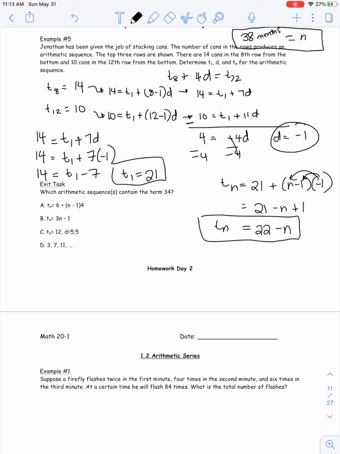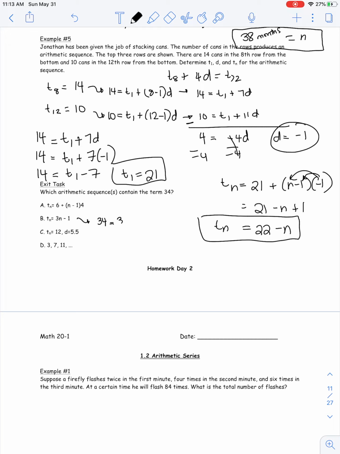So in this exit task, they're asking which arithmetic sequences contain the term 34. So what you would do is replace tn with 34 and solve for the n that is a whole number. If n is not a whole number, it is not in the sequence.